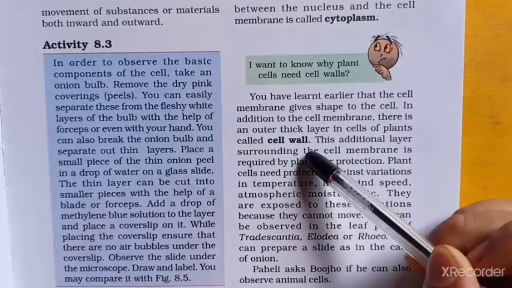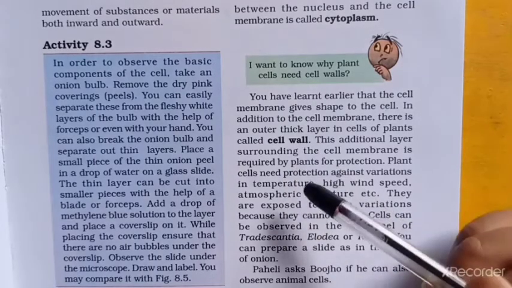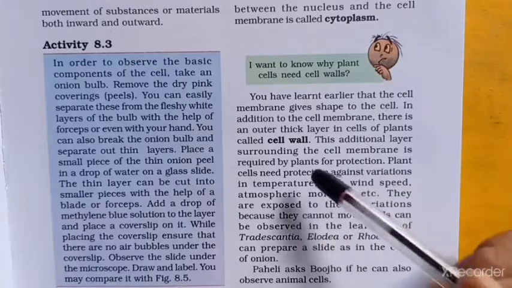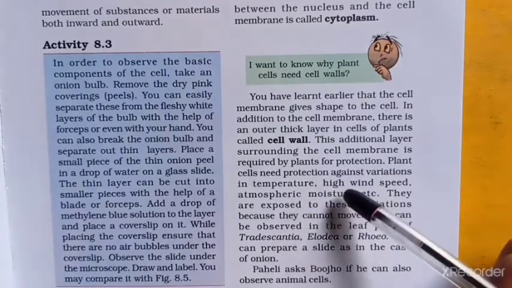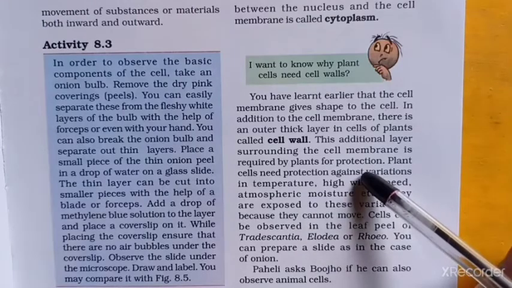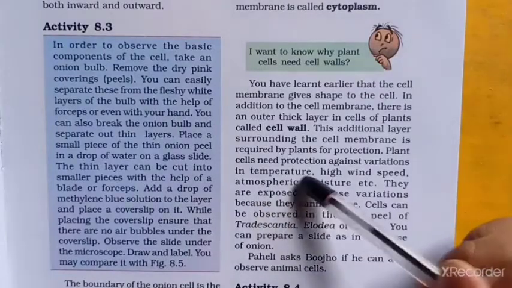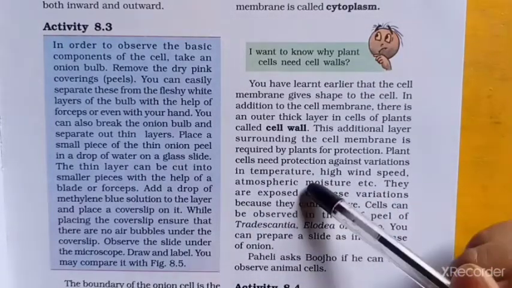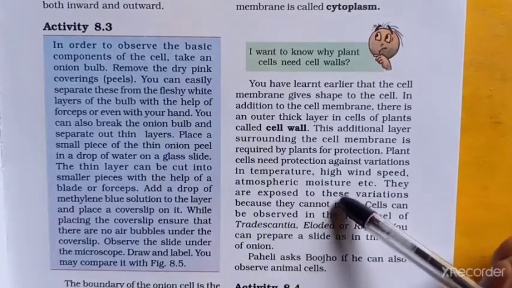This cell wall is absent in the animal cell. So this additional layer, that is cell wall, surrounding the cell membrane is required by plants for protection. So plant cells need protection against variations in temperature, high wind speed, atmospheric moisture, etc.